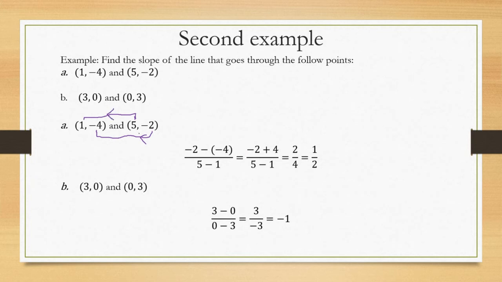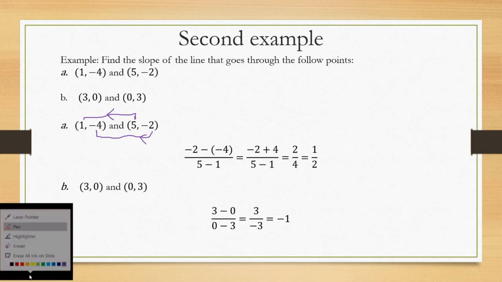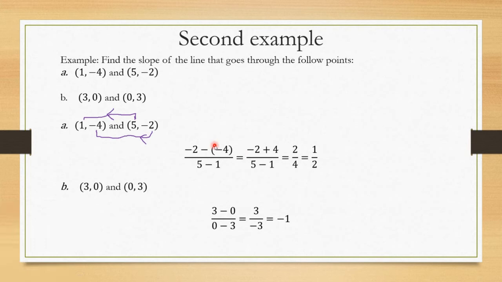So -2 minus -4 over 5 minus 1. And again, this is what I meant by corresponding change. You do have to be a little bit careful because since you're subtracting, the order makes a difference. And I like to keep the coordinates for the same point on top of each other, like 5 and -2. They're coordinates for the same point, so they're on top of each other. Same thing with 1 and -4, as you can see.